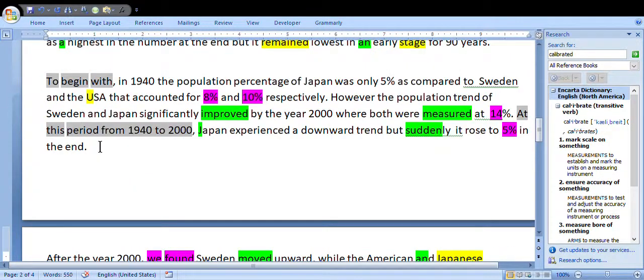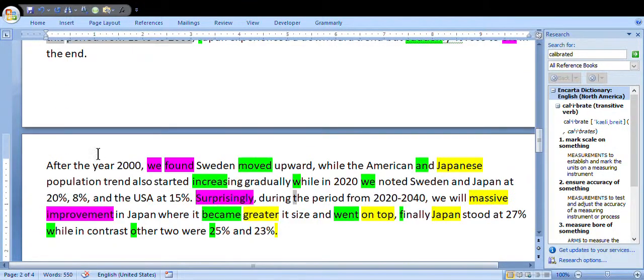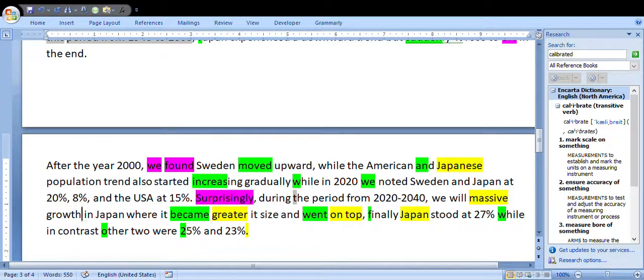Again, we talked about that before. Is it an improvement? No. Massive growth in Japan, where it will become greater its size and went on top. That's very informal, will increase to be the highest. And here we need a period.